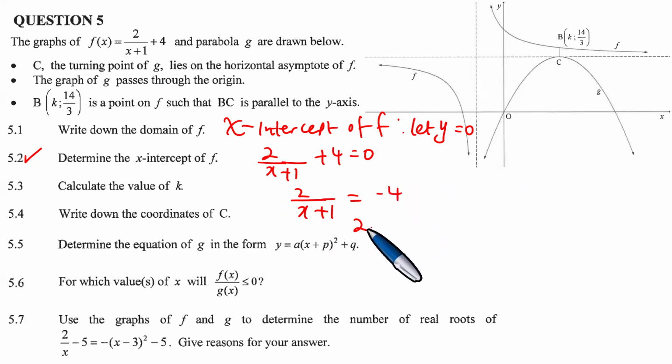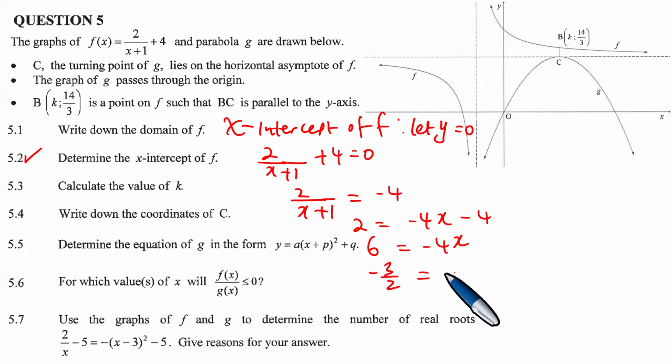You cross multiply and you get 2 equals -4x minus 4, which means 6 is -4x. And you divide through by 4, which is -3 over 2 equals x. So x therefore is -3 over 2. As a consequence, the x-intercept has the coordinates -3 over 2 and y becomes 0.